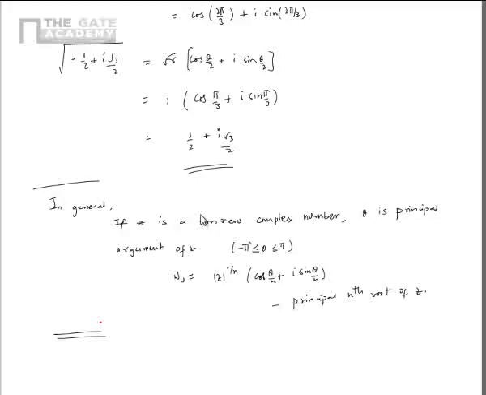So this was all about reviewing whatever we are supposed to know in complex numbers. First we have seen why we need complex numbers. Then we have seen what is imaginary unit I and how to express complex numbers. What is modulus? What is argument?